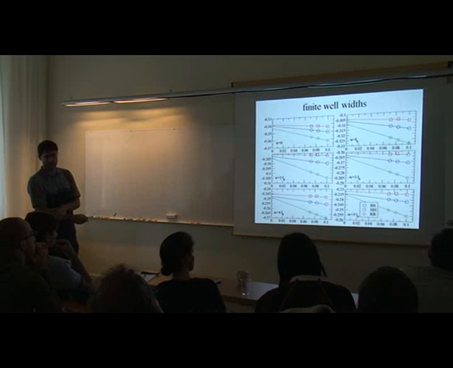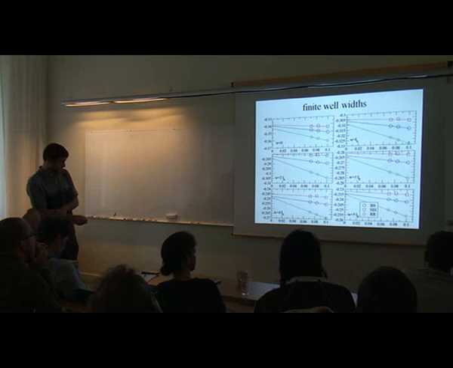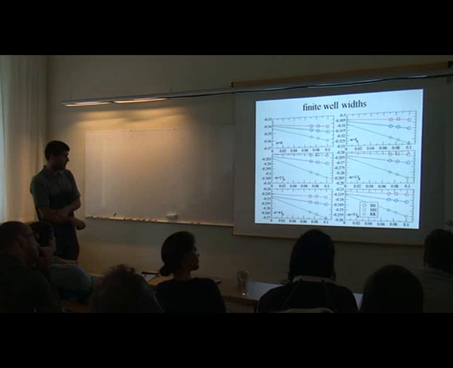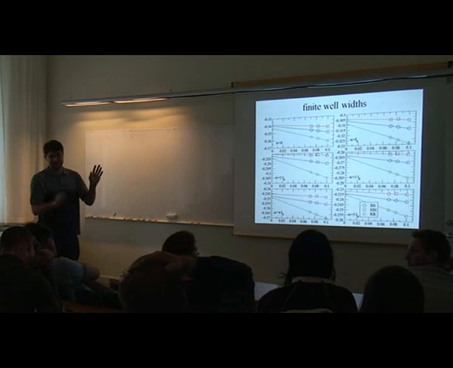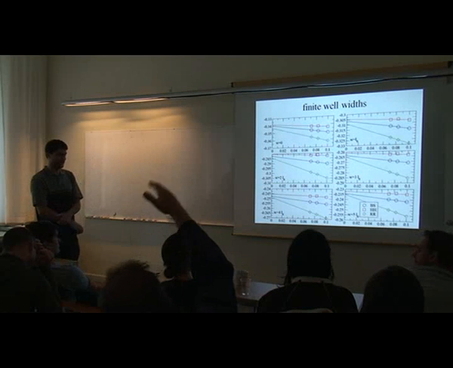So that maybe makes you happy. What we see is that as you increase the well width, the shift equals 2 energy starts to come down closer to that of the shift equals minus 2 energy. But this is very preliminary.